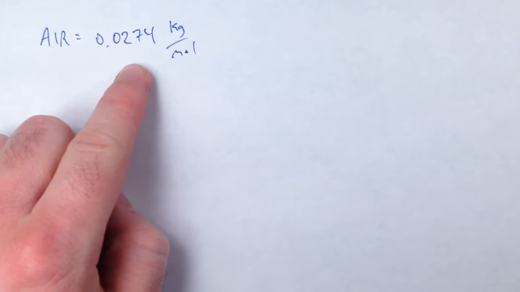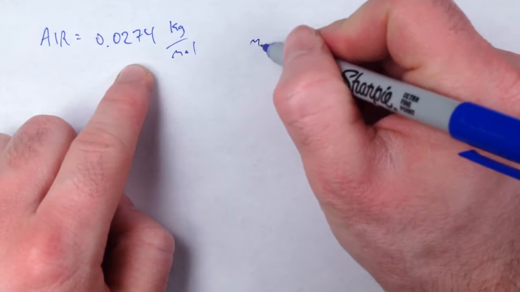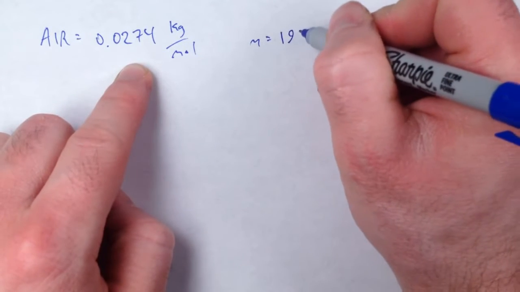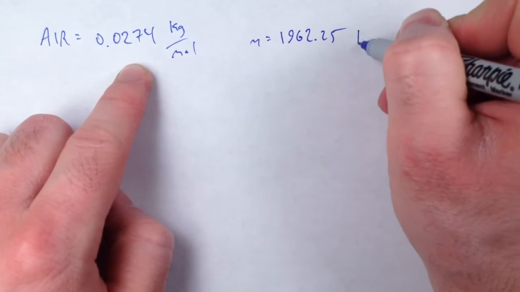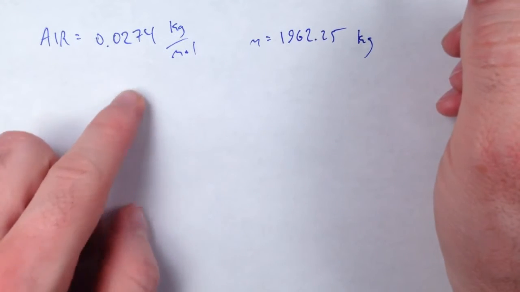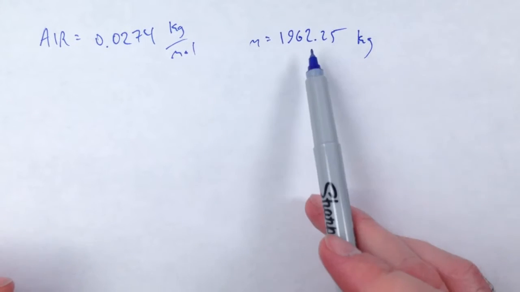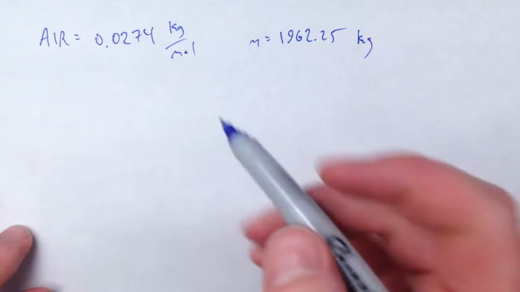That was the number that we used in the last video. So if this is our density, and we know that the mass of air we're going to have is 1,962.25 kilograms, well then, in order to figure out how many moles of air we can fit in this balloon, we just need to divide this mass by that density.